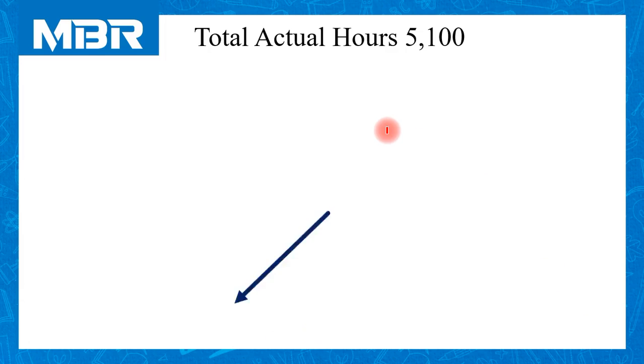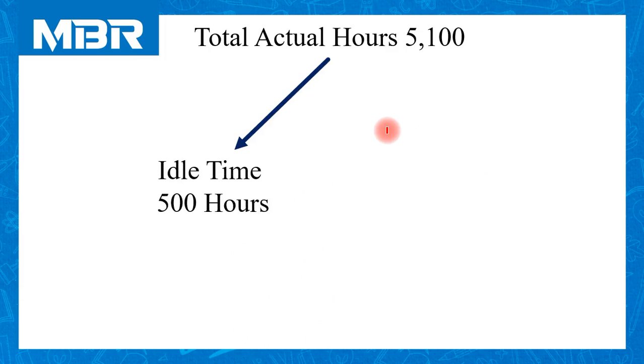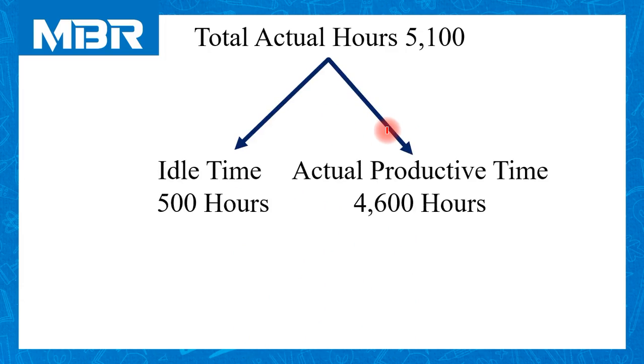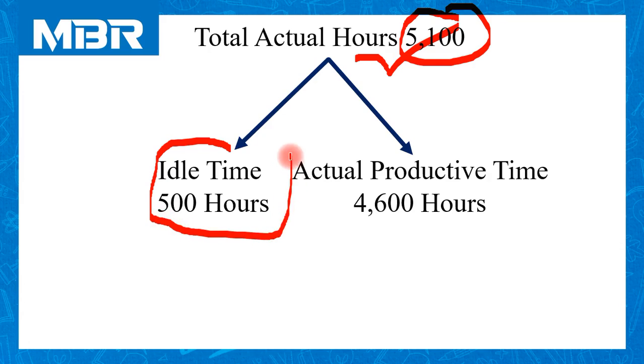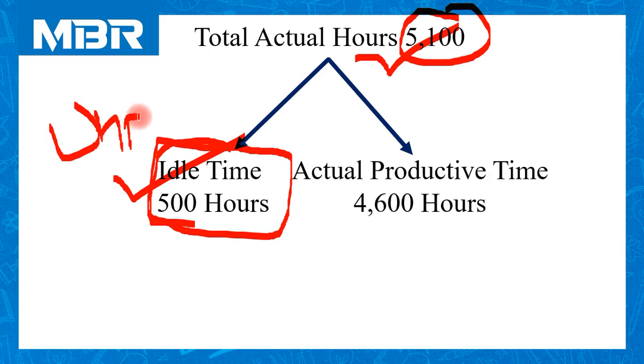So first of all, it is necessary for you to classify the information into two different segments. Total actual working hours given in the question are 5,100. Out of these 5,100, clear-cut information is given in the actual part of our question that IT hours are 500. These IT hours mean these hours are unproductive.